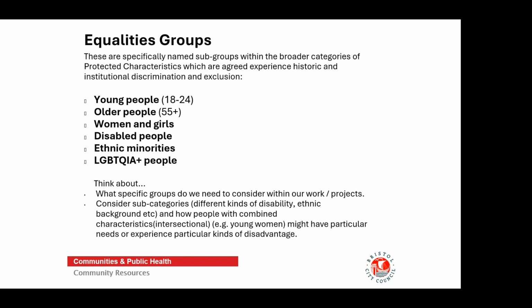And when we're thinking about this, we're particularly also thinking about what different kinds of disability, what ethnic backgrounds a project is working with, and how people with combined characteristics, so intersectional, for instance, young women, might have particular needs or experience particular kinds of disadvantage.